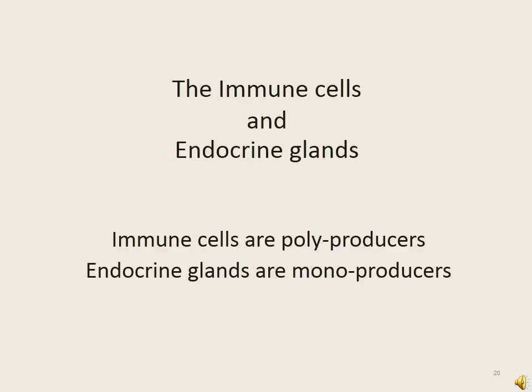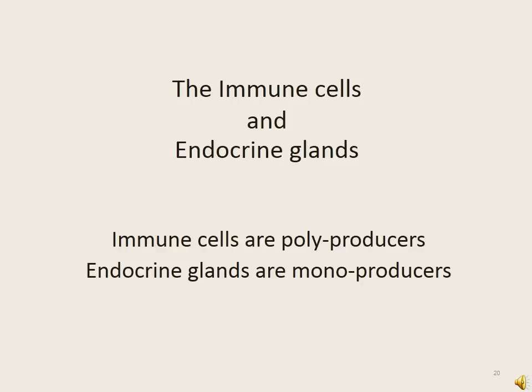The previous 2 slides remind us that hormones and cytokines, the immune cytokines, have certain similarity. Okay, and this slide just emphasizes that for the cytokines, which are the immune factors, the immune cells are polyproducers.